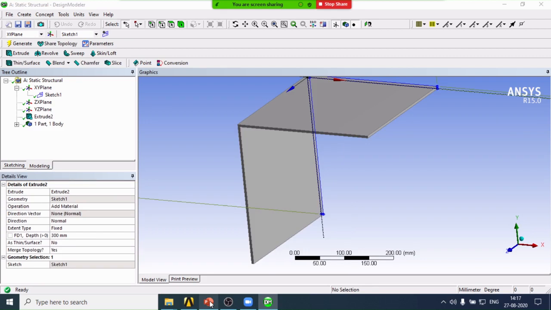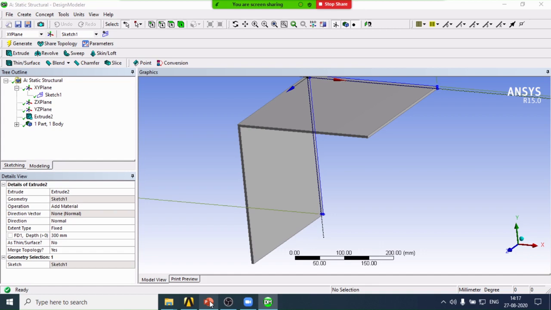I'll go back into the sketch. I'll define this as one of the thickness parameters, select it, and give the name t for it. The same I can now define for the next one.